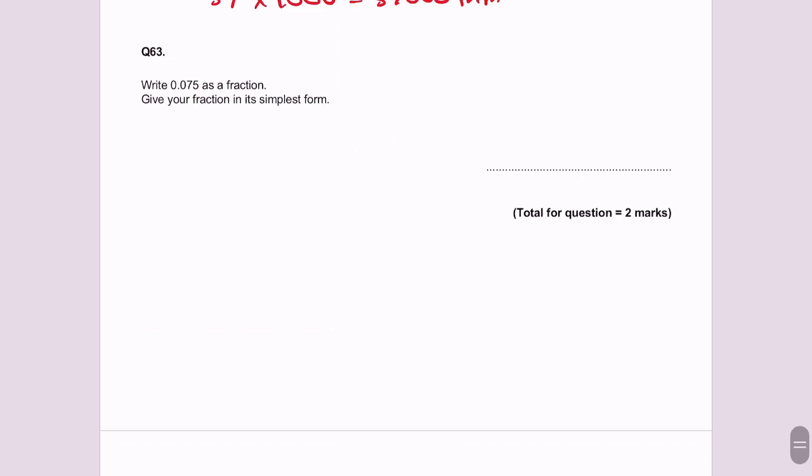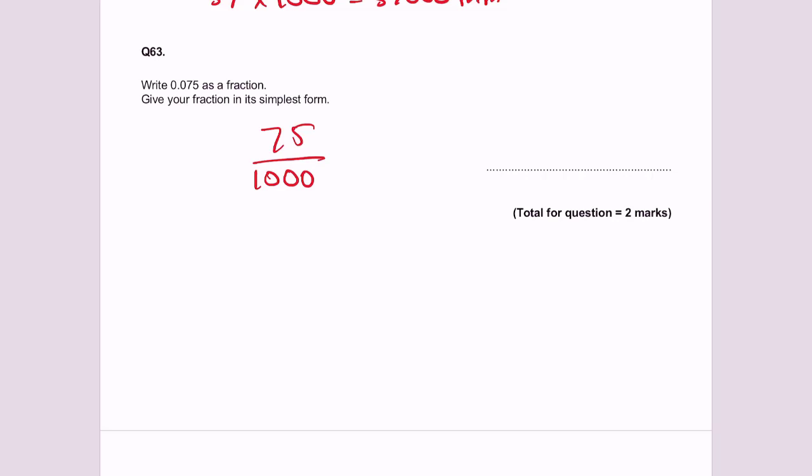Question 63, 0.075 as a fraction, in simplest form. 0.075 is 75 over 1,000. What do you need to times it by to make 0.075 a whole number?